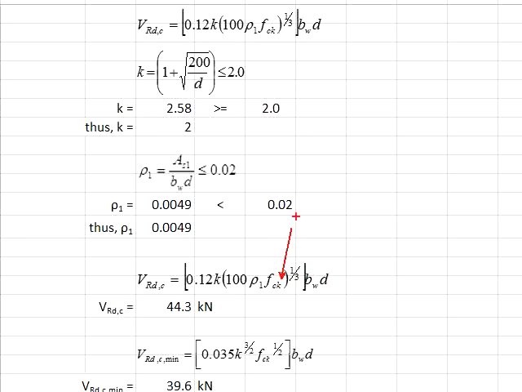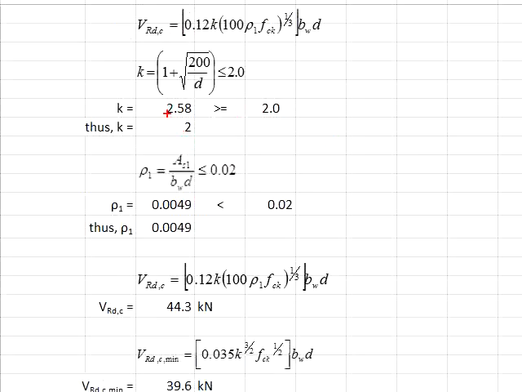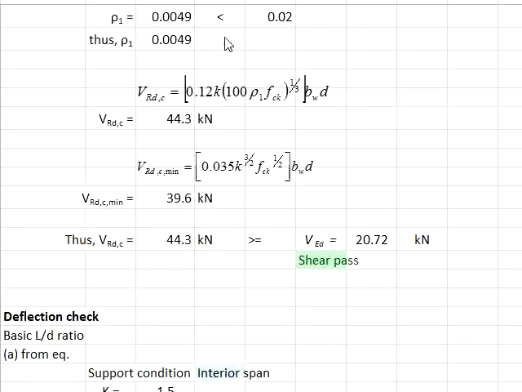The fck here is 25. The b here is 1 meter width and the d here is 80 mm. Next, you will need to check for the minimum shear resistance of the concrete. The equation is given here. Use the same k as calculated previously, which equals 2.